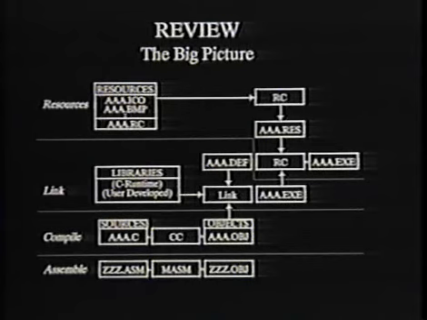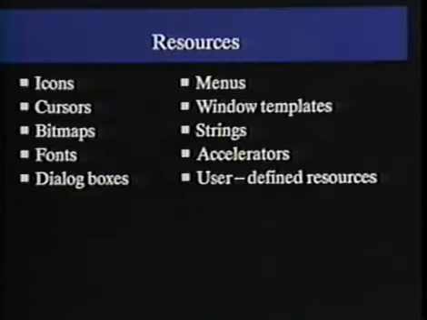All right, so let's briefly look at what we have done. We've looked at the entire process of putting all the pieces together: the editing, compiling, and assembling. At this point, let's look at the tools that are available for building the resources. For those resources, the icons, cursors, and so on, the ones in the left-hand column, we have special tools.